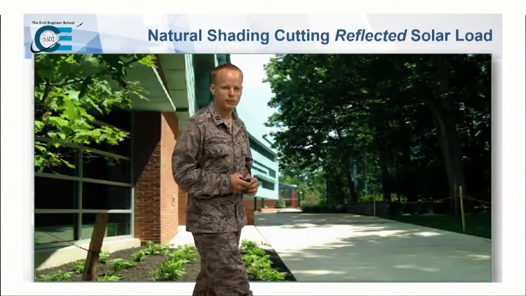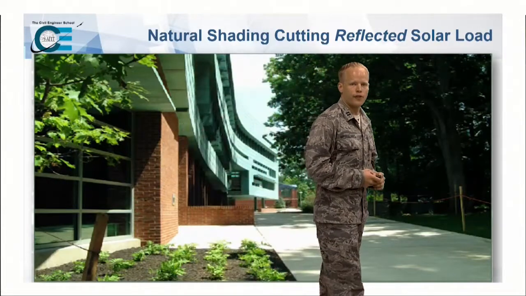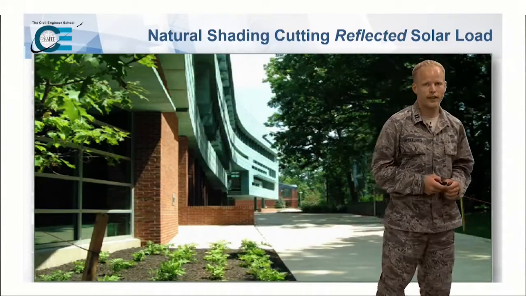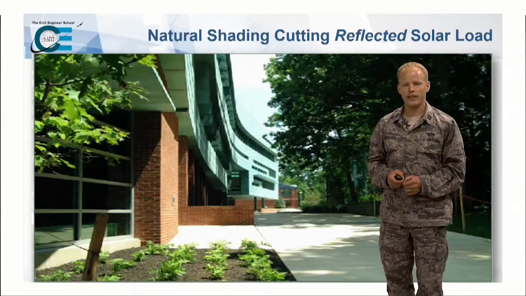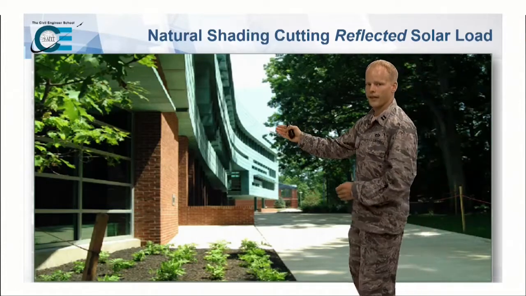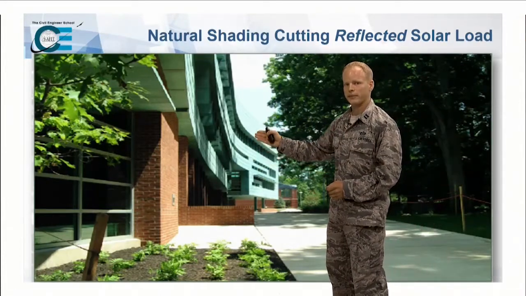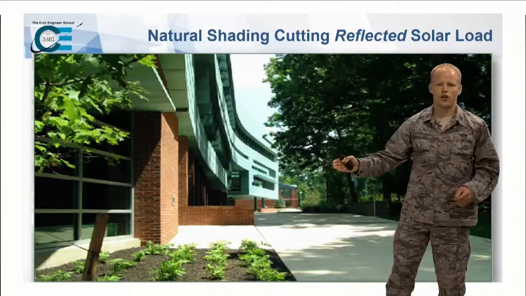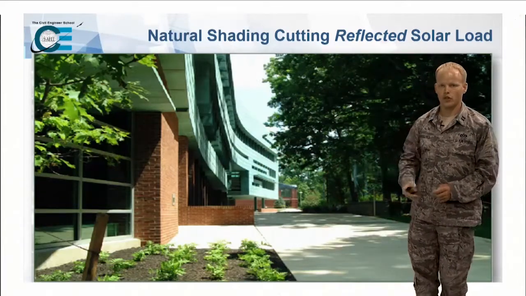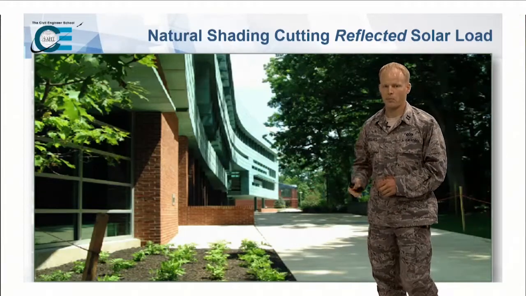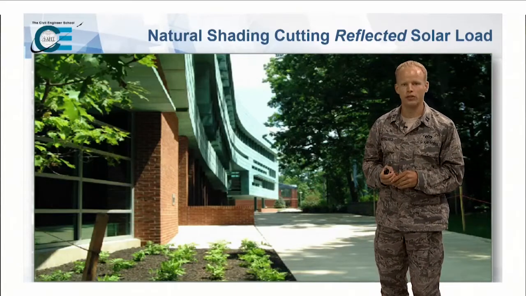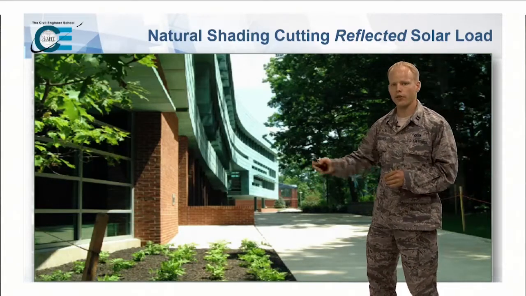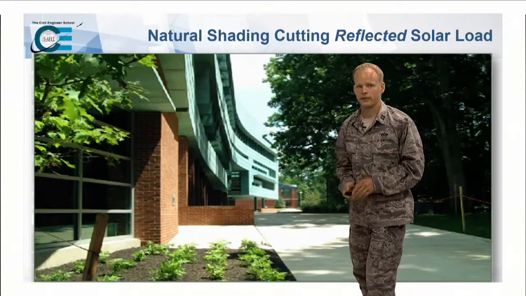So here's an example, pretty picture, of natural shading to cut the reflected solar load. You can see this building face here is still being lit up, but you're not getting reflective loads in. So you're still getting some daylighting in, but you've now cut down your loads on your building. And this, I would assume, is your southern face.